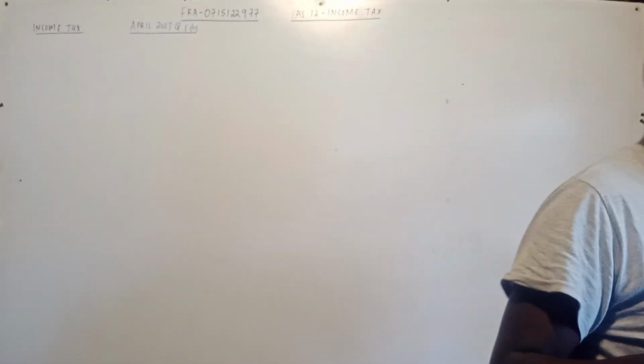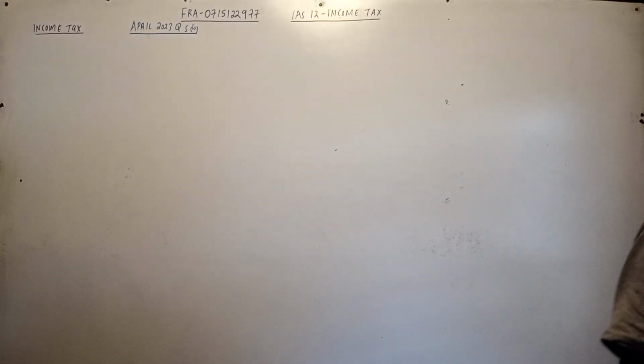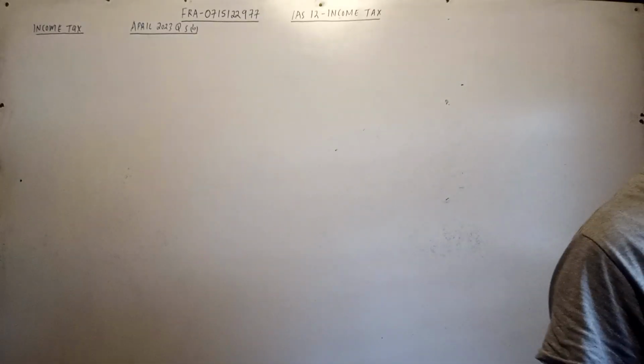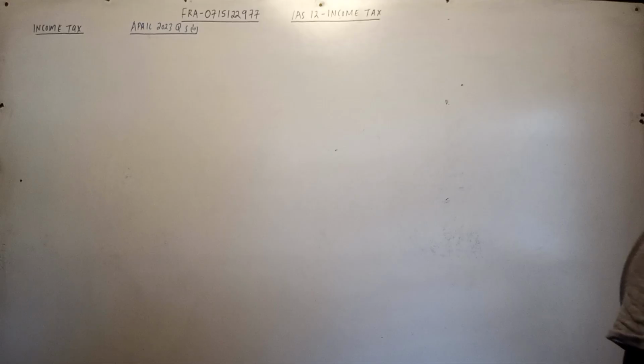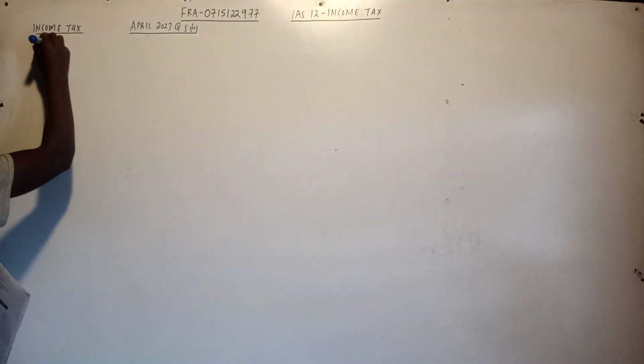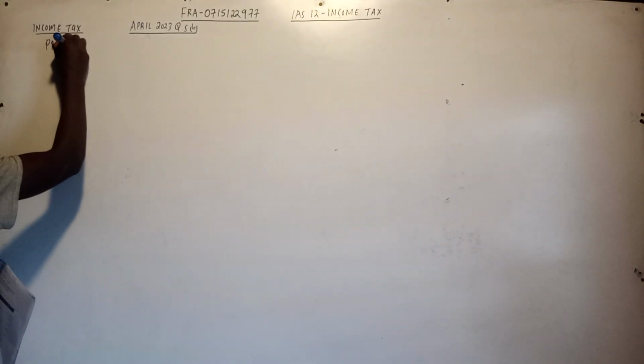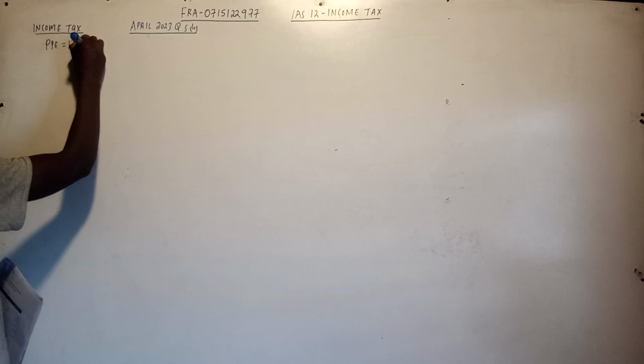Question number 5B reads: BXL Manufacturing Ltd, a firm that engages in production of fertilizers, purchased an item of equipment. So we have property, plant and equipment of 12 million.